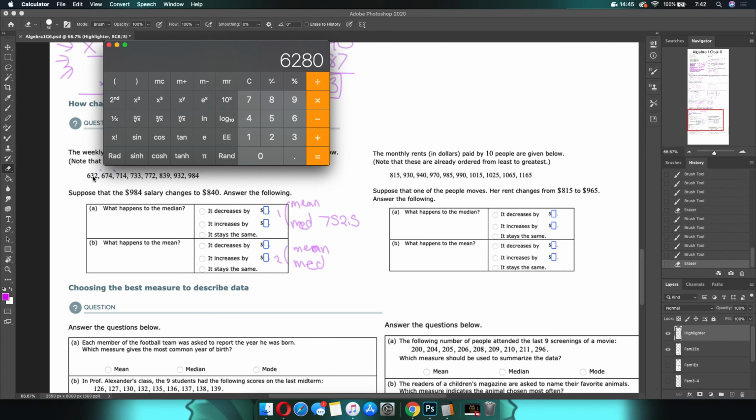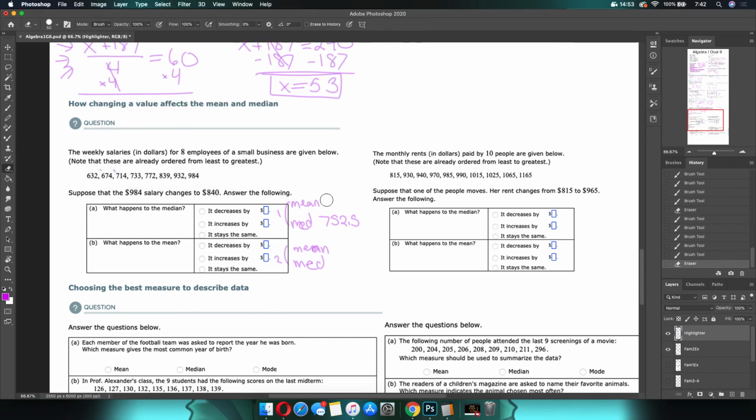And how many numbers are there? 1, 2, 3, 4, 5, 6, 7, 8. So divided by 8 equals, our mean is 785. So that's my first list.